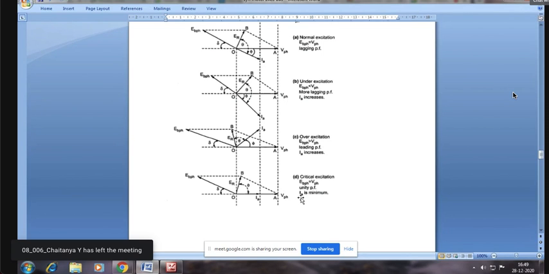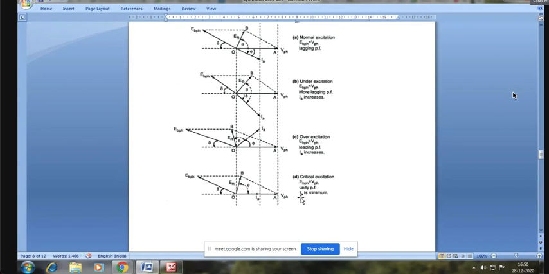I repeat, IA cos phi should remain constant because my load is constant. All these discussions are under constant load. Therefore, IA cos phi should remain constant because my voltage is constant.